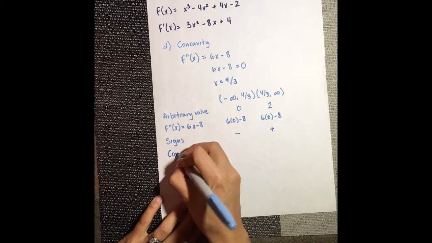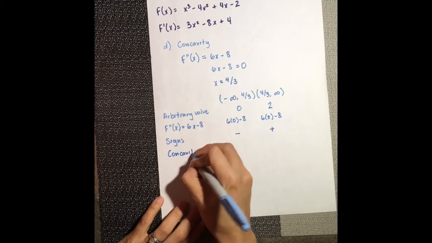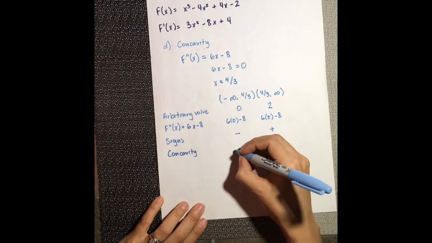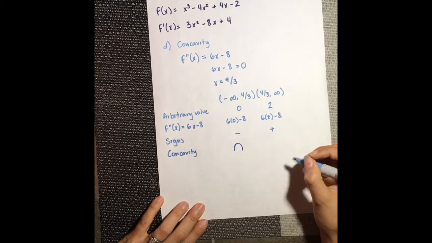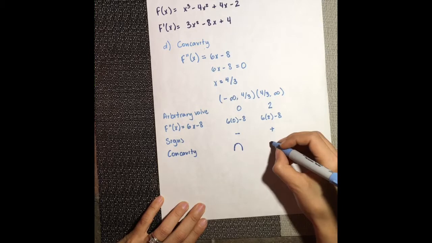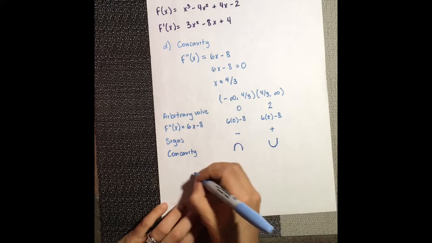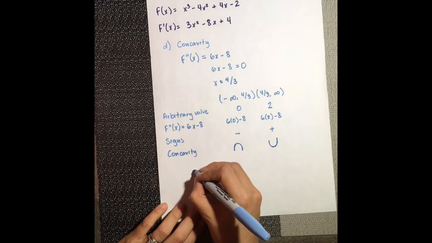And we're going to see that with these signs, we're going to get different concavities. If the sign is negative, we're going to get a concavity downwards. And if the sign is positive, we're going to get a concavity upwards. Okay, so we're going to do the exact same thing.